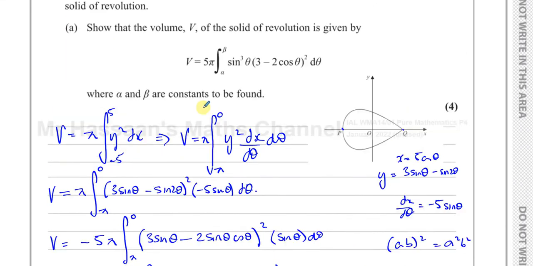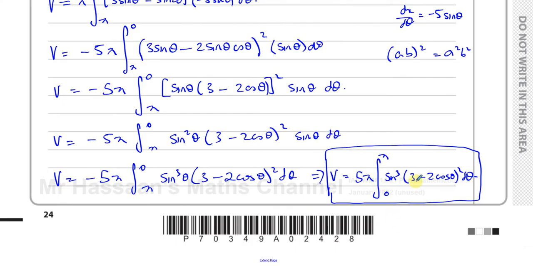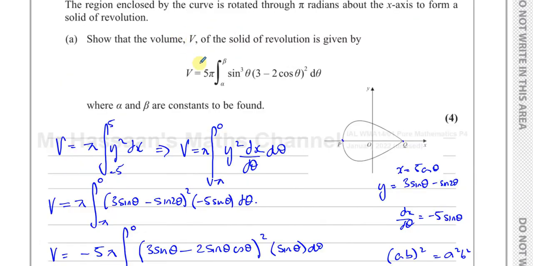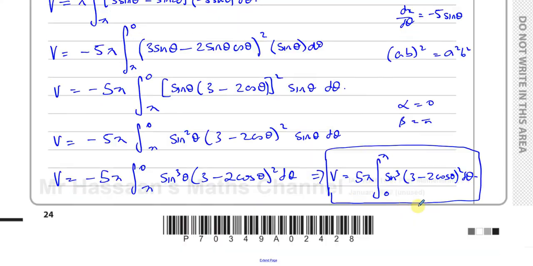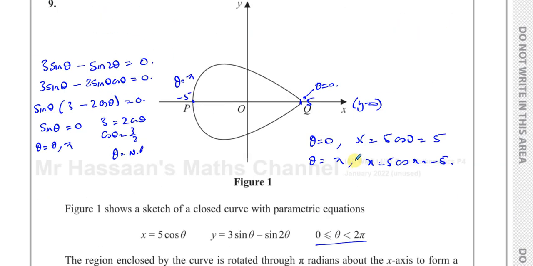We can see that our alpha is 0 and our beta is pi, according to this alpha beta. So there's the answer to part A of this question.